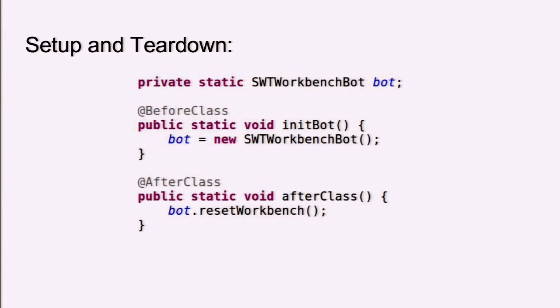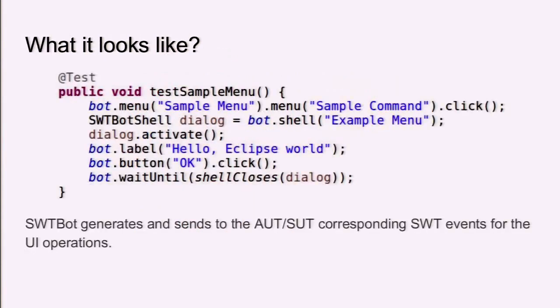Then you have a setup and teardown. You usually declare a bot. You initialize the bot. You can make it static. You can initialize the bot in the before class method. And you can also reset the workbench afterwards. And then, you simply use this Java API.